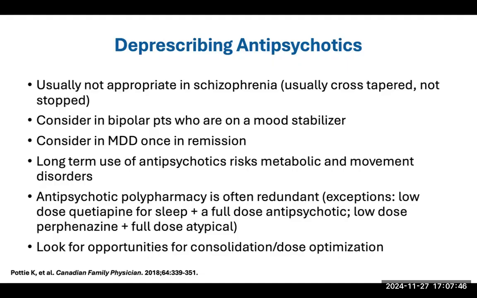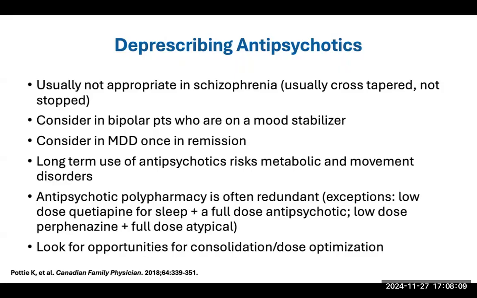And we want to look for redundancies. Many EHRs will now flag if somebody is on two different antipsychotics. Sometimes it makes sense. Sometimes somebody might be on 30 milligrams of aripiprazole for their schizophrenia, and they're also on 50 milligrams of quetiapine to help them sleep at night. That's a rational choice.